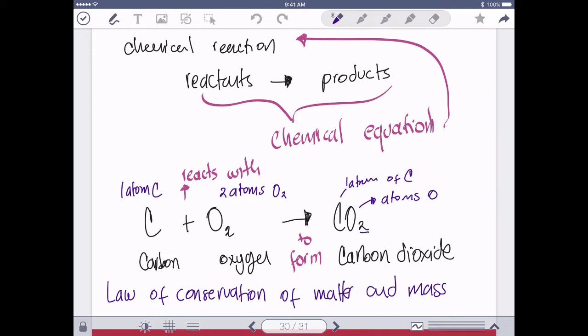So the question is, does this chemical equation follow the law of conservation of matter and mass? And we can say that yes, it does, because we have equal amounts of each element on both sides of the equation, in the reactants and the products.